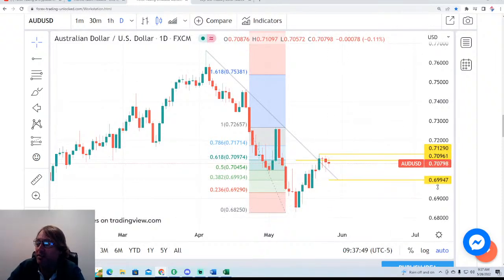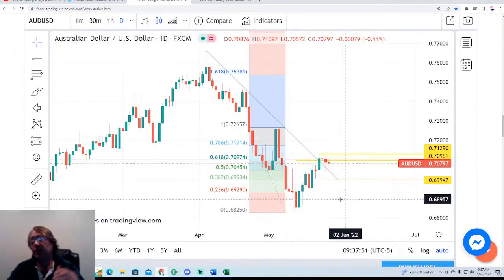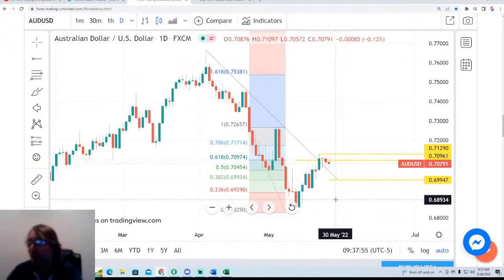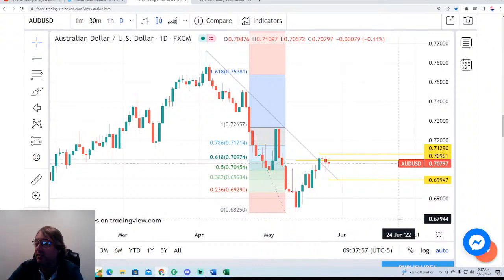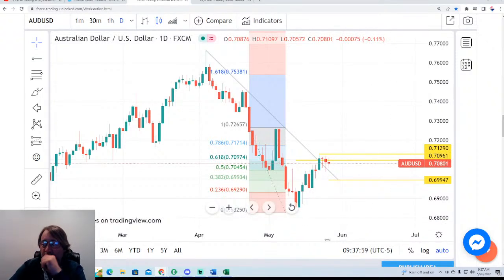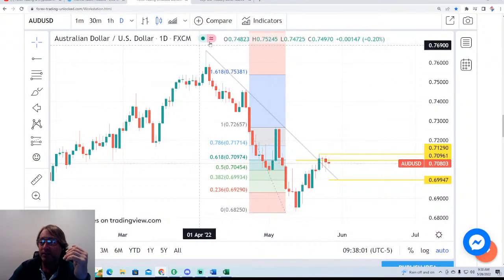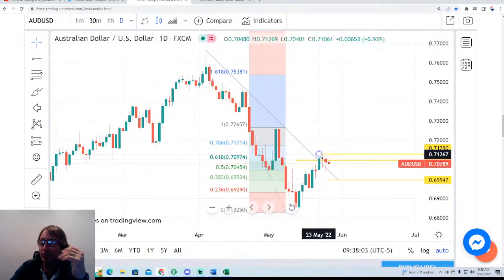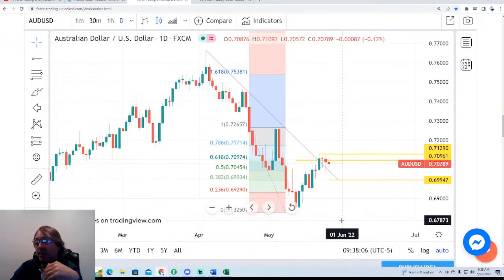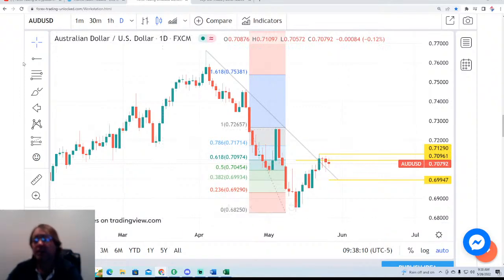If it fails from 69.94, then to be quite honest with you, you've got to look out below and expect this market to make new lows down to probably around the 68 even area. I don't think this one is going to have the velocity like it did back in April to go to the downside continuously. I think it's going to start to gradually snake along.